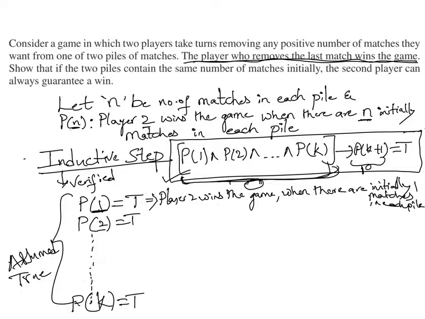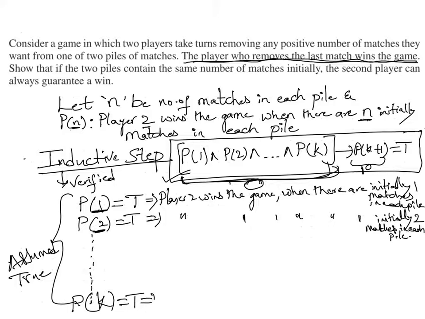Similarly for 2 also, player 2 wins the game when there are initially 2 matches in each pile.